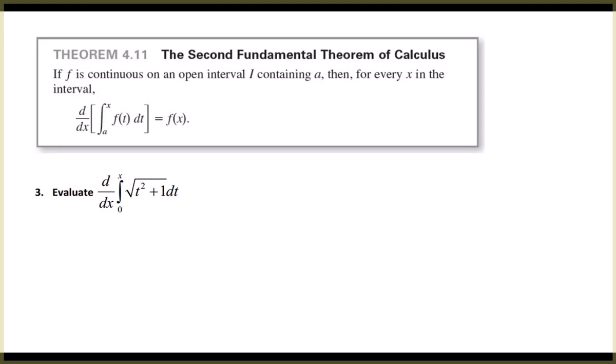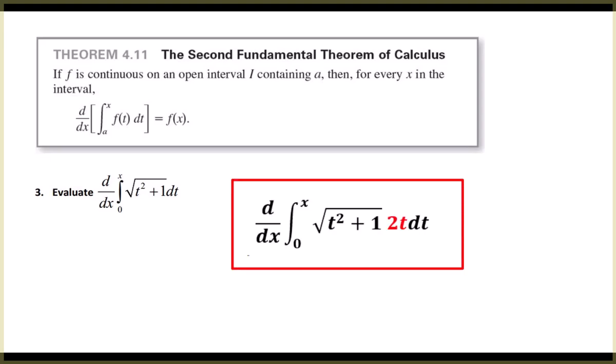Now, where we are in our calculus careers, can I get an antiderivative for the square root of t squared plus 1? No. I'm missing something. What would need to be here between that square root and the dt? Chain rule. I'd need a 2t out here.